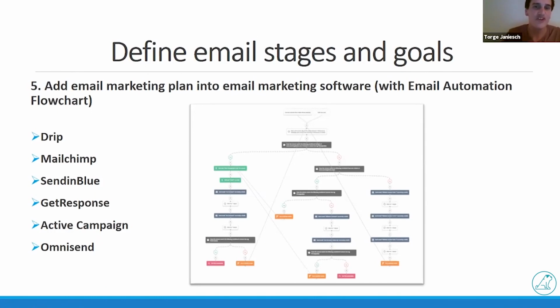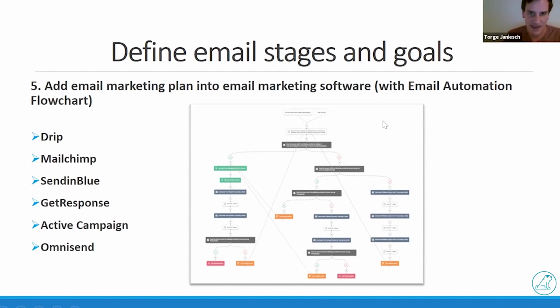So you can visually see what the person actually will do, and this helps you make sure that you keep your plan in mind. There are a little bit older softwares which don't have these flow charts, which still work, but you will not have this easy visual way of seeing it.